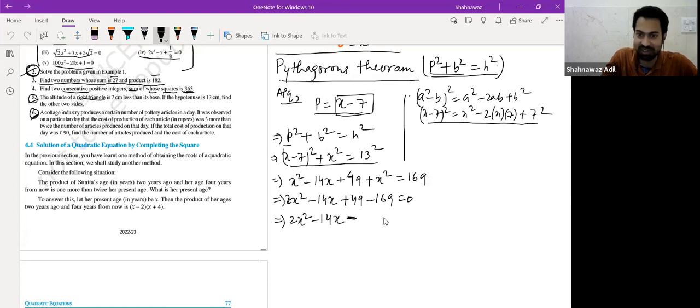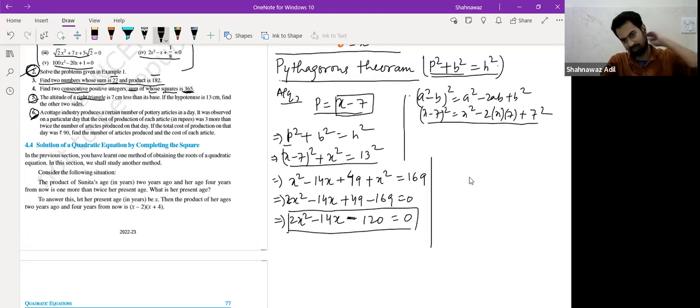Okay, 10. So how much is this? 120, right? And so what should we take the factor of? A into C, right?